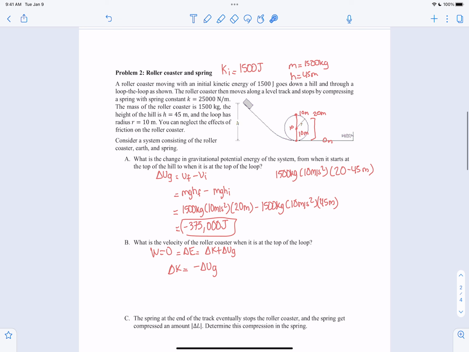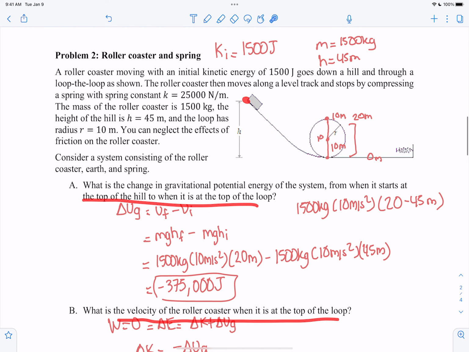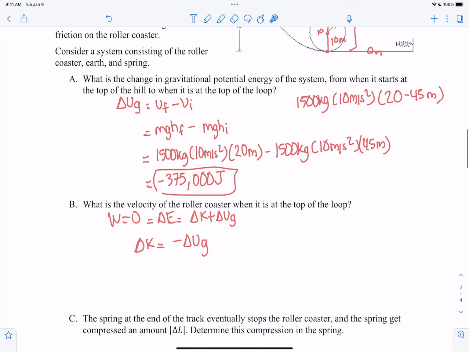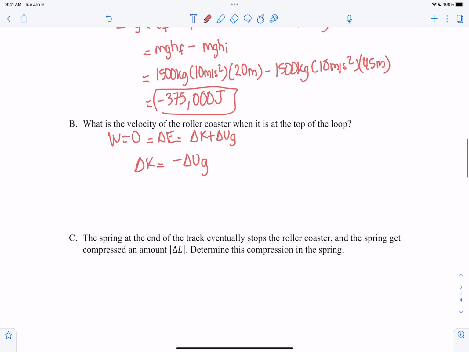So if I'm trying to figure out what happened at the top of the loop, this is the same as what happened at A, right? I went from top of the hill to the top of the loop. So I know that kinetic energy is equal to half mv squared, but there's this change in kinetic energy. So there's half m vf squared and then half m vi squared. This is kinetic final minus kinetic initial, right?